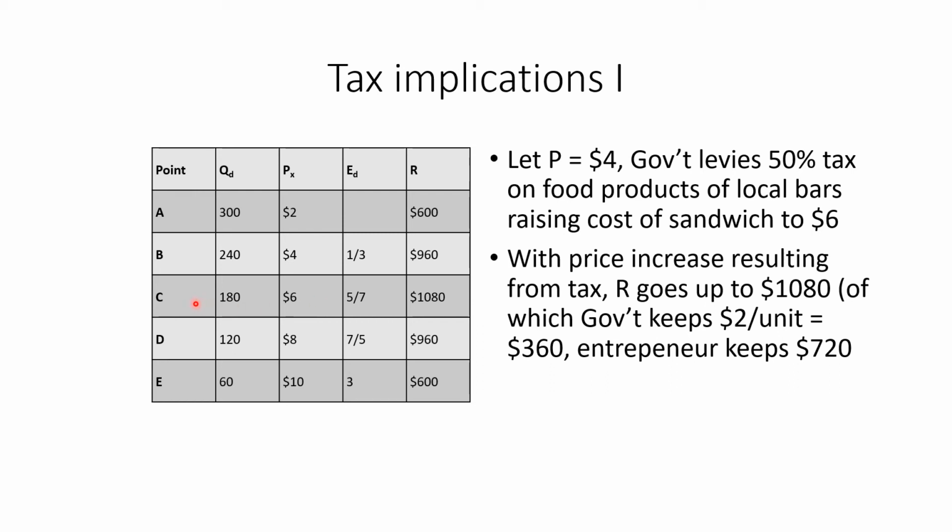Overall, you're bringing in more money at $1,080, but the government pockets $360 of that in the tax, and so the entrepreneur is left with $720, less than they were getting when the sandwich was $4. And so what this means is that the entrepreneur pays a certain amount of the tax, and the rest of the tax is passed on to the consumer. All right, and we'll deal with government tax policy a little bit more when we get to macroeconomics.